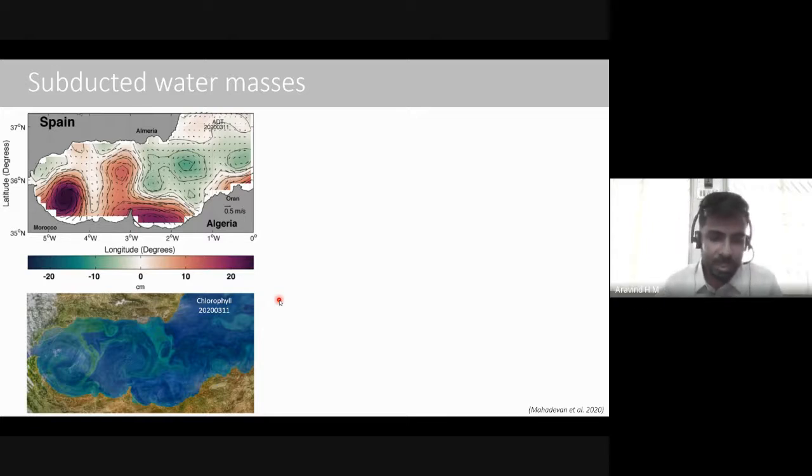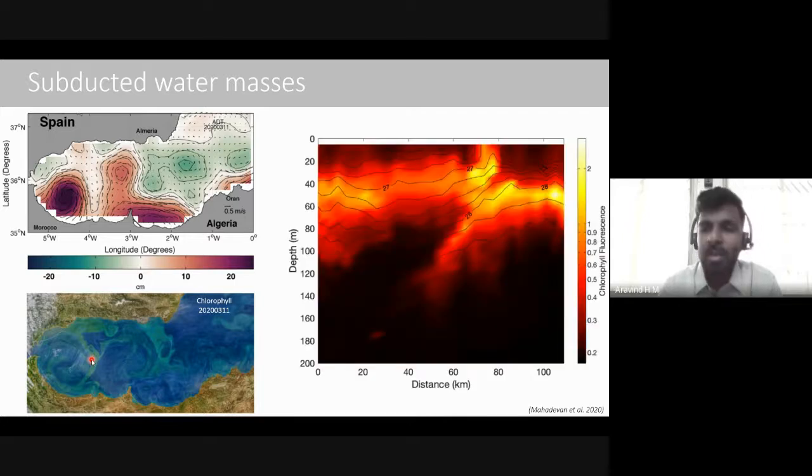So for our experiments, what we essentially do is try to understand where the fronts lie from these satellite maps and try to go zigzag across the front, keep surveying back and forth. And sometimes we get lucky and we get features like these, wherein we see these tongues of tracers, chlorophyll in this example, that go deep down from the surface, and we find chlorophyll maxima where we normally would not expect.